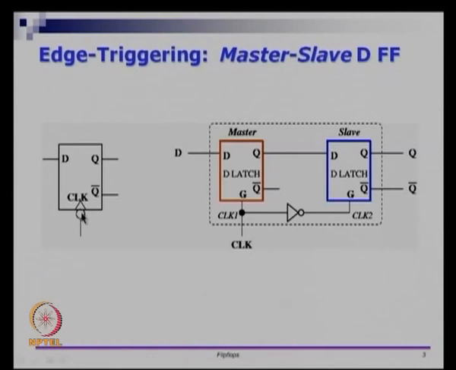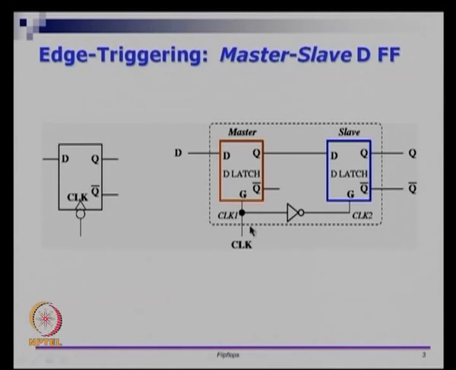When you see a bubble, it means that it is a negative edge triggered flip flop. If you see a rectangle with 3 pins for D, Q and Q bar and just a triangle like thing, that is a positive edge triggered flip flop. In the positive edge triggered flip flop, D is being sampled only when the clock rises. In the negative edge triggered flip flop, D is sampled when the CLK signal falls.